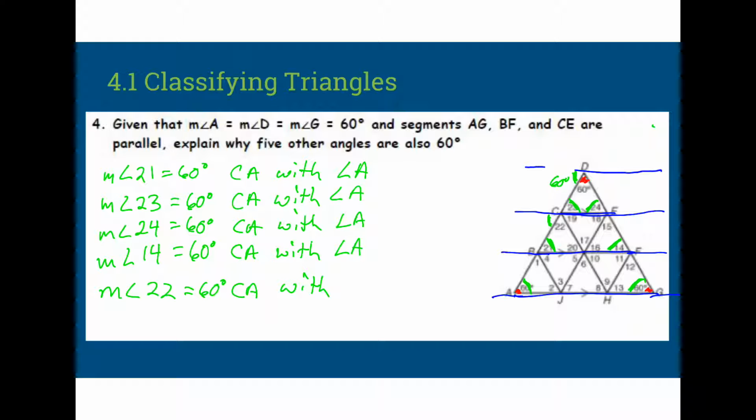This angle right there, I'm going to say that's corresponding with 120 degrees. And I already know that that is 60, so I'm doing a little bit of angle addition postulate here by subtracting 60 to get that 22 is also 60 degrees. And we can keep going, we can find them all. But for right now, you did 5, and that's all we need to do. Good work.